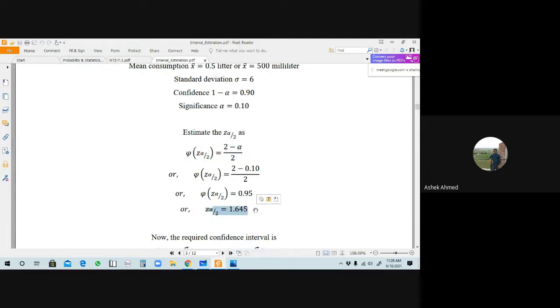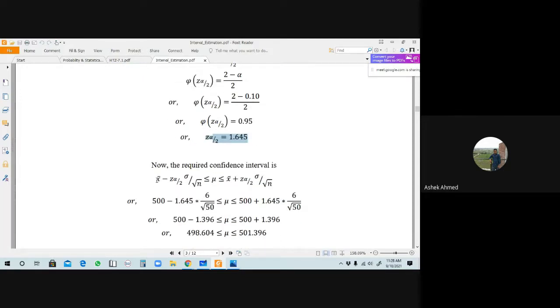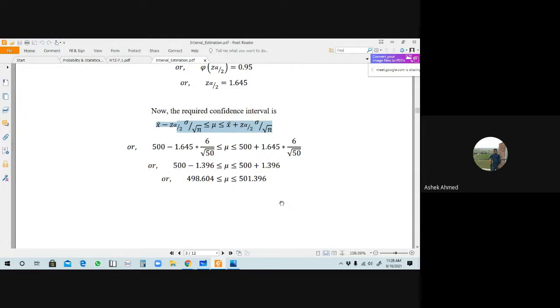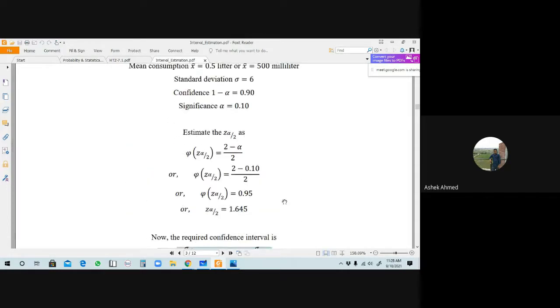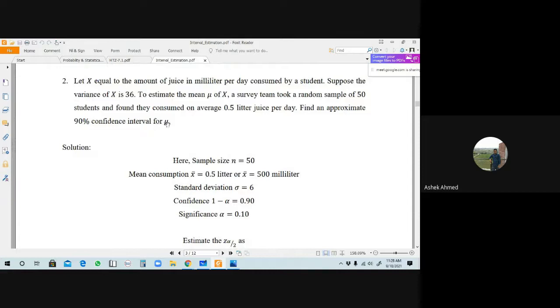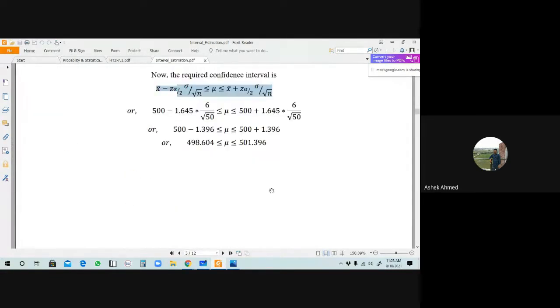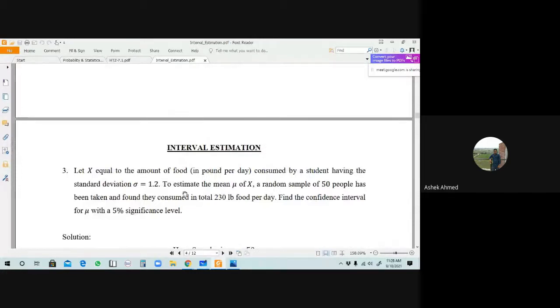That value will be 1.64 here. Okay, after determining this value, if you substitute all values into this inequality, then you can get an interval. That interval will be the confidence interval. What percent? 90% confidence interval for mean. Okay, according to this concept, you have to solve all problems here.